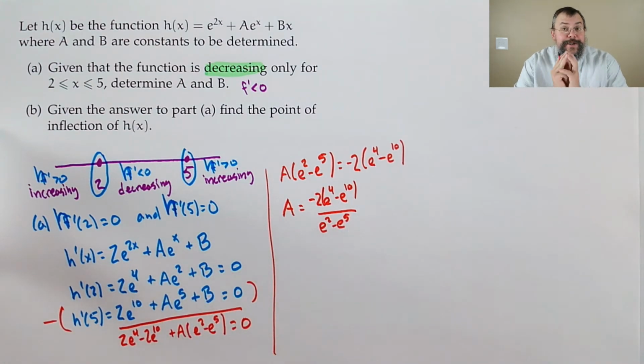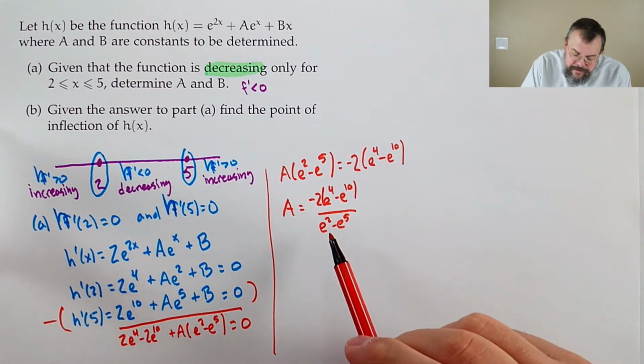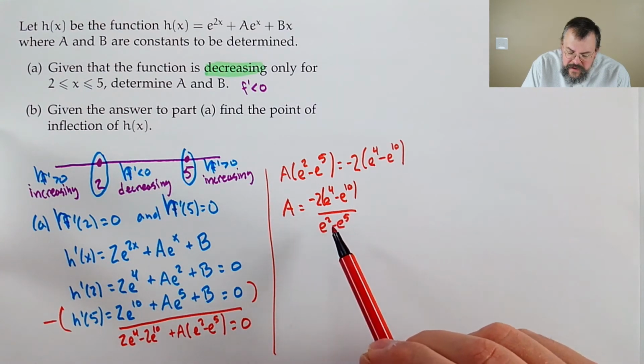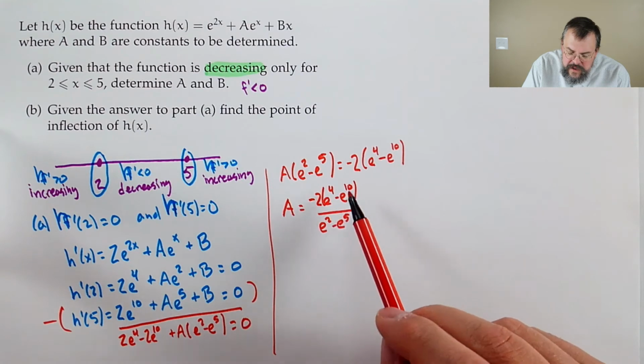Now the next thing we're going to do is not totally obvious, because it feels like, well, I guess that's as far as we can go. But we're going to do a little bit of flexing our algebra skills here. And we look at this and say, the top is kind of close to the bottom. It's e to the 4 minus e to the 10th.